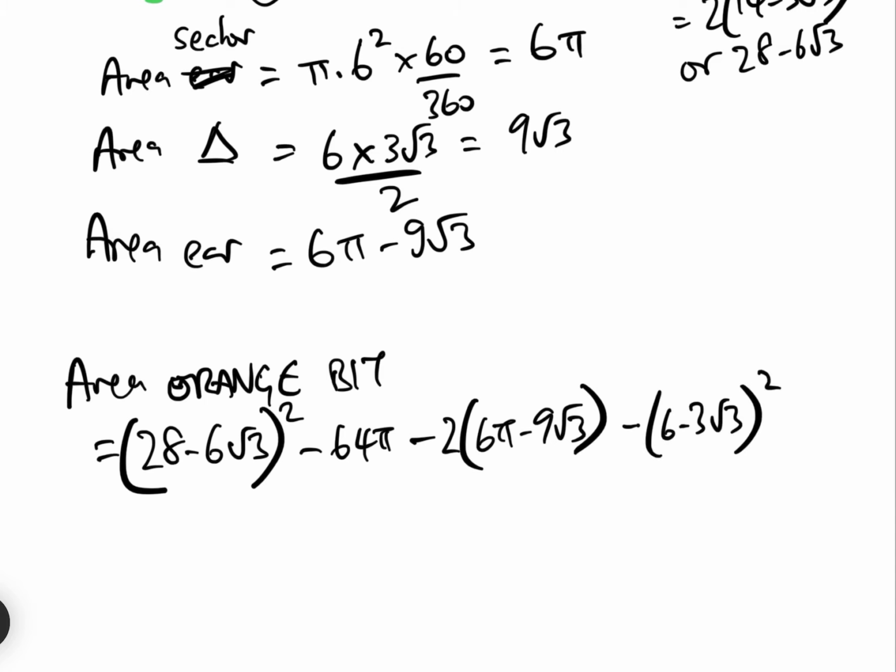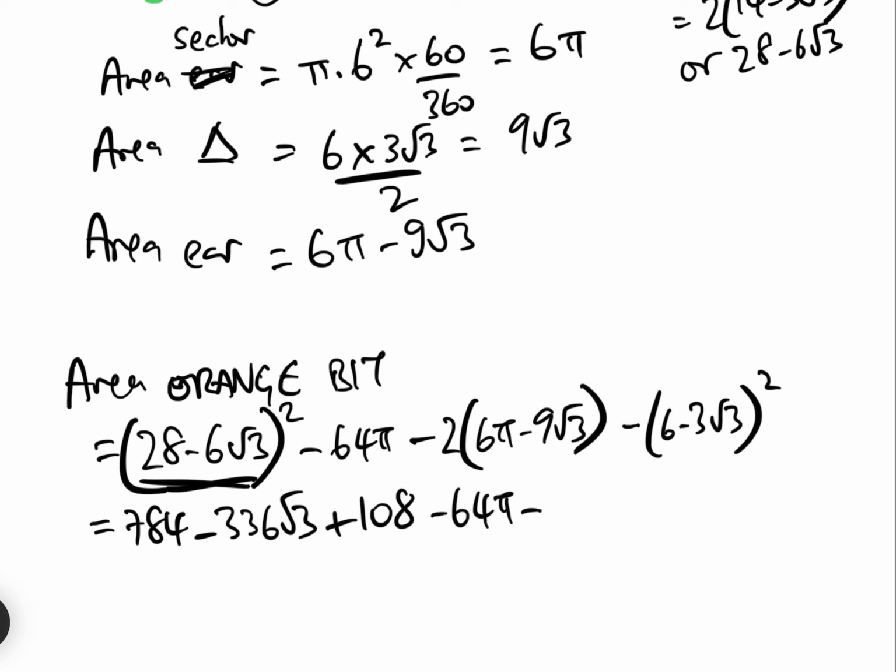Okay, so now all we've got to do is expand all of this out, being careful. Now 28 squared is 784 minus 336 root 3. All I'm doing is expanding this. Add 36 times 3, which is 108, minus 64 pi, minus 12 pi, add 18 root 3.